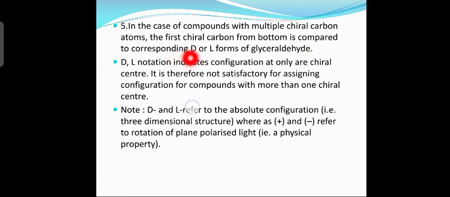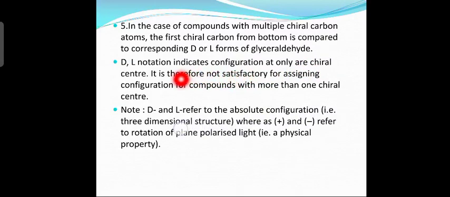In that case, the first chiral carbon atom from the bottom is to be considered for D and L forms. If at the first chiral carbon atom from the bottom the OH group is on the right side, then it is called D. If it is on the left side, it is called L. All right. D and L notation indicates configuration at only one chiral center.